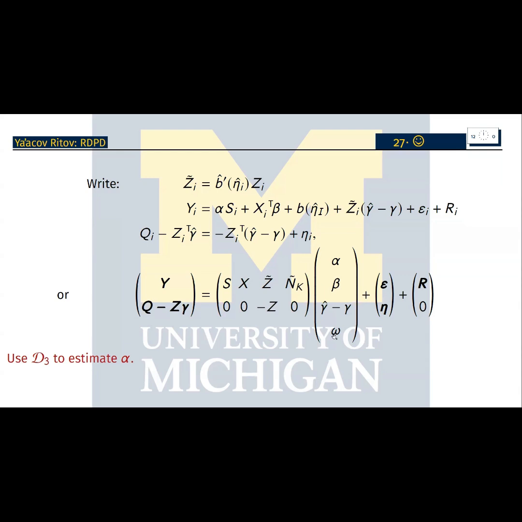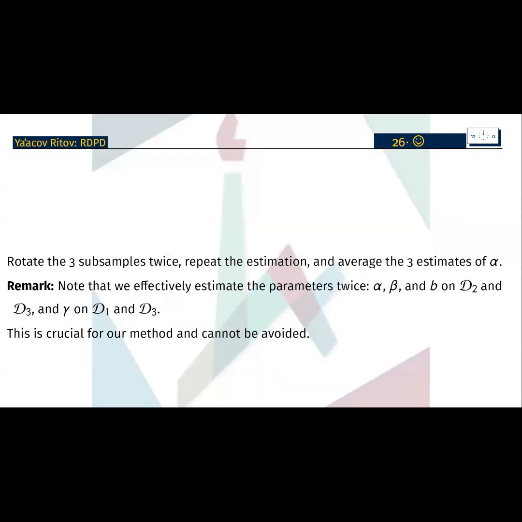Put everything together, re-estimate gamma, re-estimate the slope, but all of them are sort of nuisance parameters, and I'm concerned only with alpha of this equation. And this would be our estimate. And then if I want to be efficient, I have to rotate the subsamples twice, putting each one of the thirds to be the last, and then we are done.